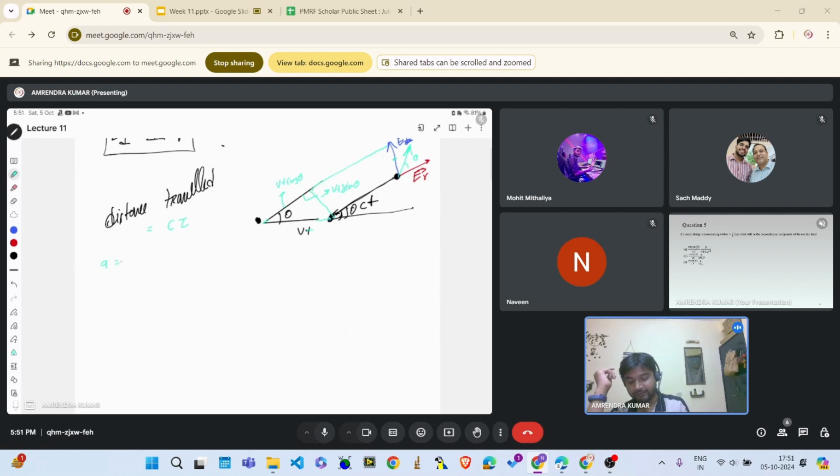If the acceleration is v by tau, then the distance that it traveled for this electric field was this much, c tau, and after time t, it's c into t plus tau. This is the distance that is traveled in the t time.